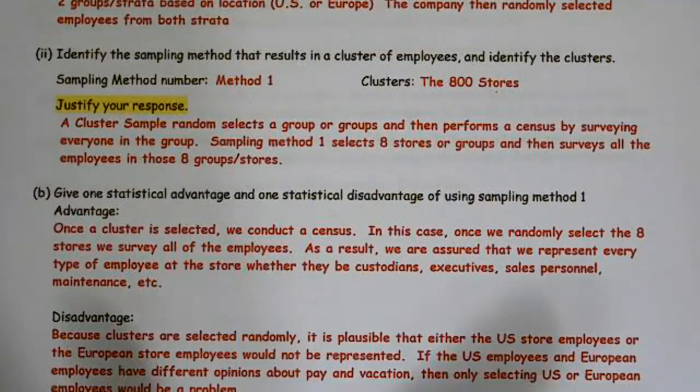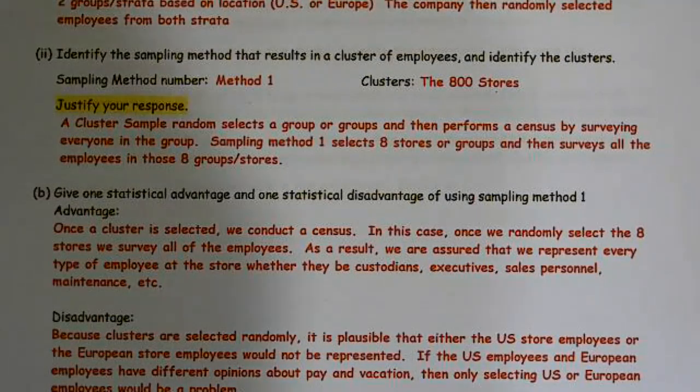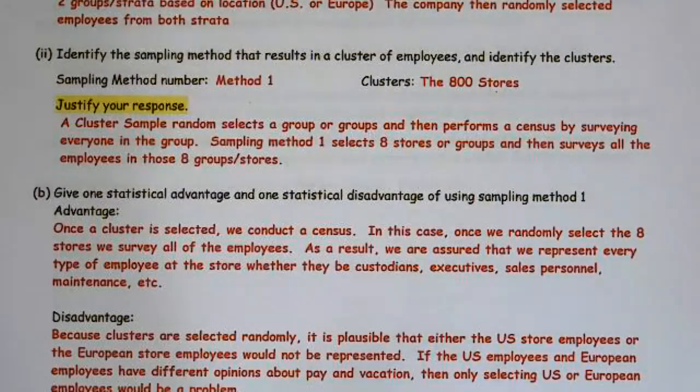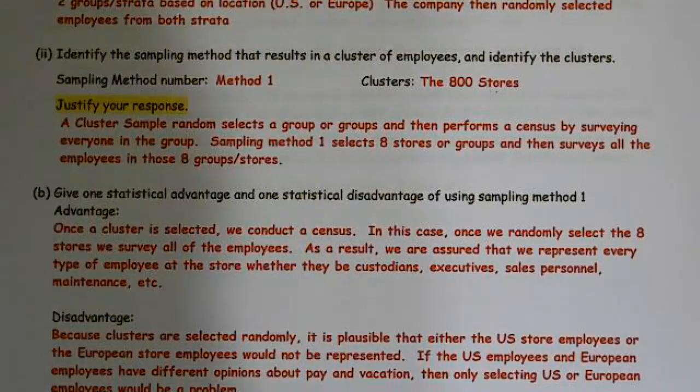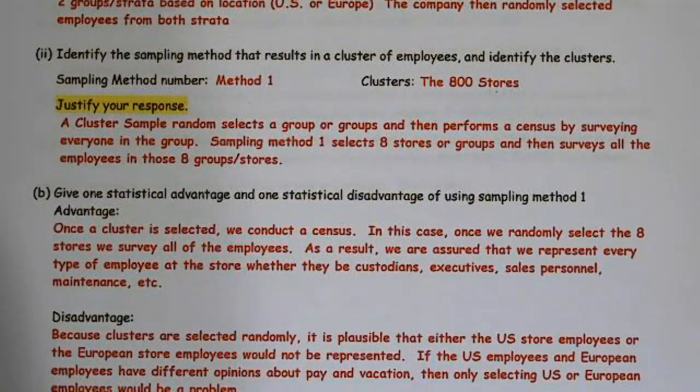By random chance alone, the cluster might not have US or might not have European employees, but it doesn't create bias in and of itself. That would be due to sampling error. And the same with stratification. With stratification, we may not get all employee types, but it's due to random chance alone.